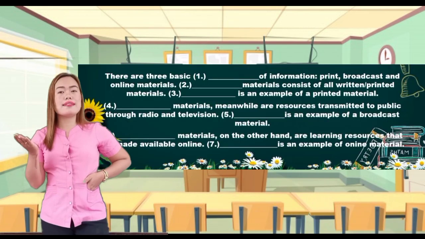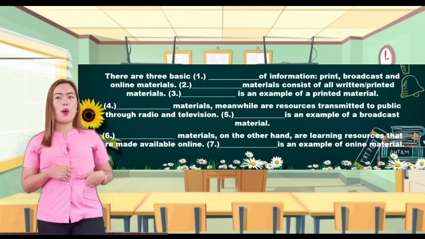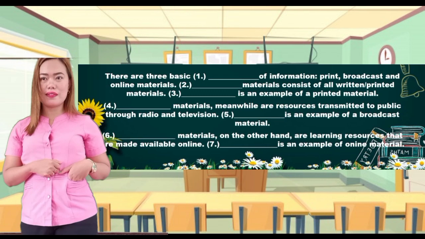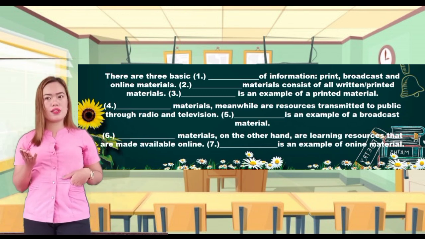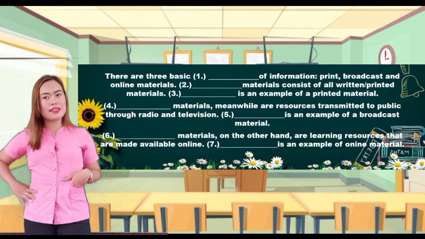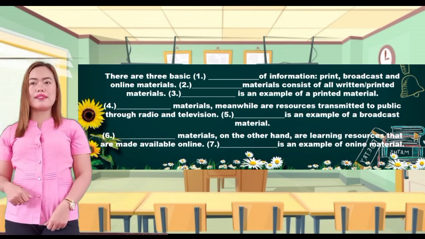There are 3 basic blank of information: print, broadcast, and online materials. Blank materials consist of all written or printed materials. Blank is an example of a printed material.